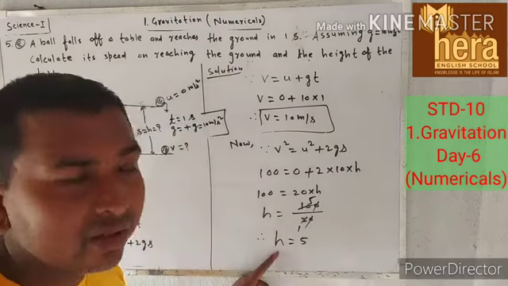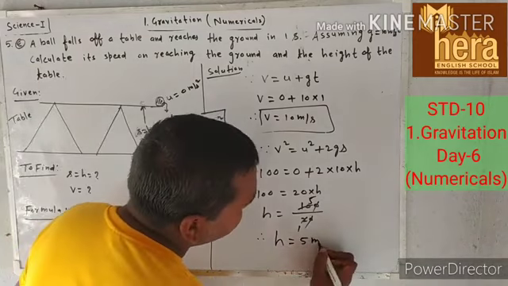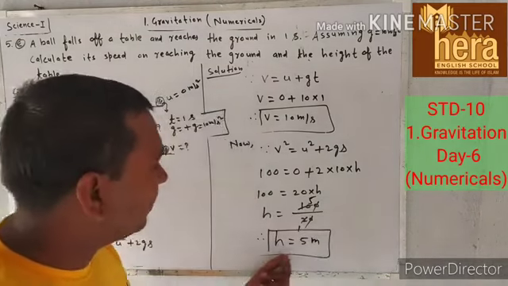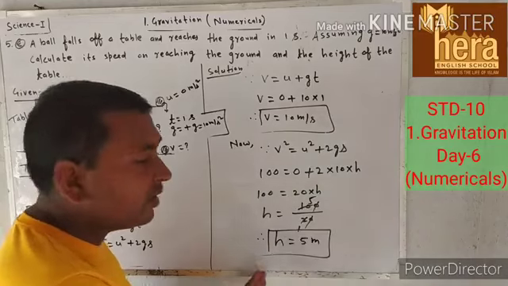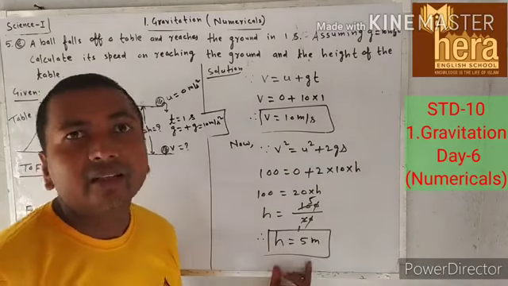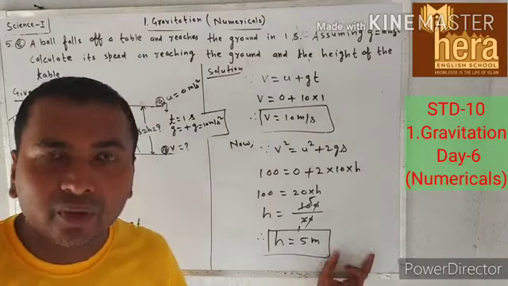H is the height, so its unit will be meter. So in language, therefore the height of the table is 5 meter. Write in the language. I am not writing, but you have to write.